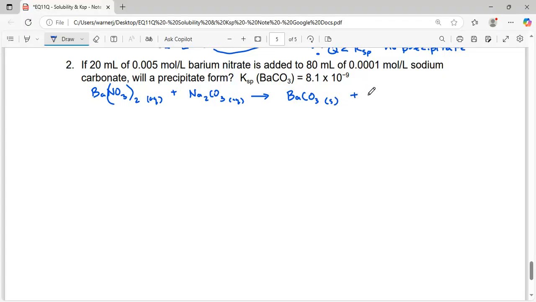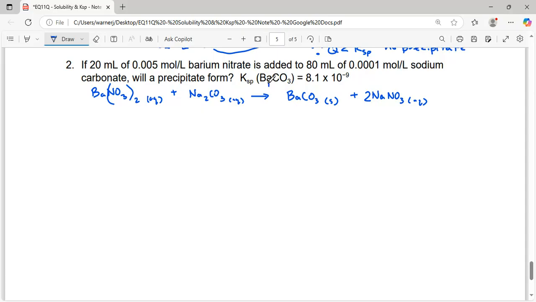And then I would also produce sodium nitrate, and if I want that balanced, I need a 2 there. So if they don't tell you the KSP value and you had to look it up in some chart, we could just set up the double displacement to figure out what the insoluble product is, and then I know what I need to work with to find Q.